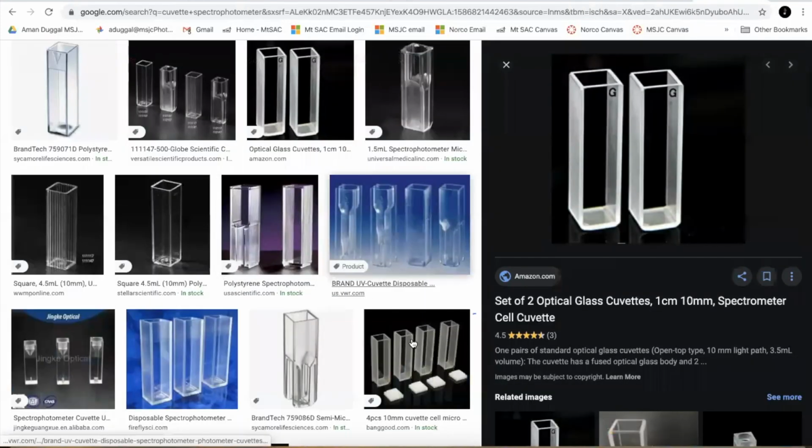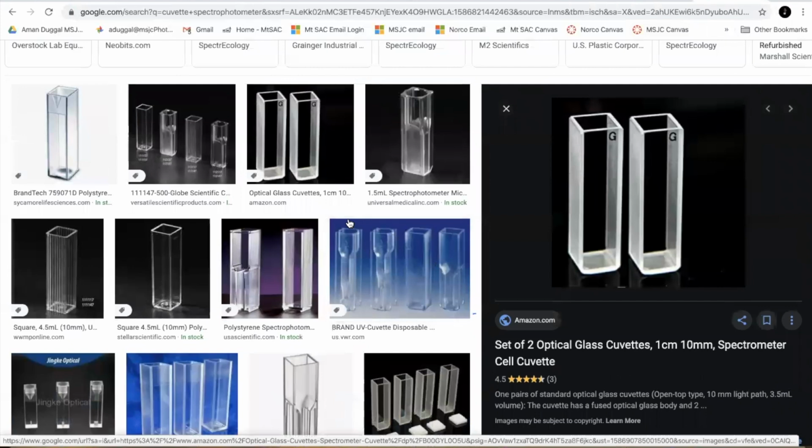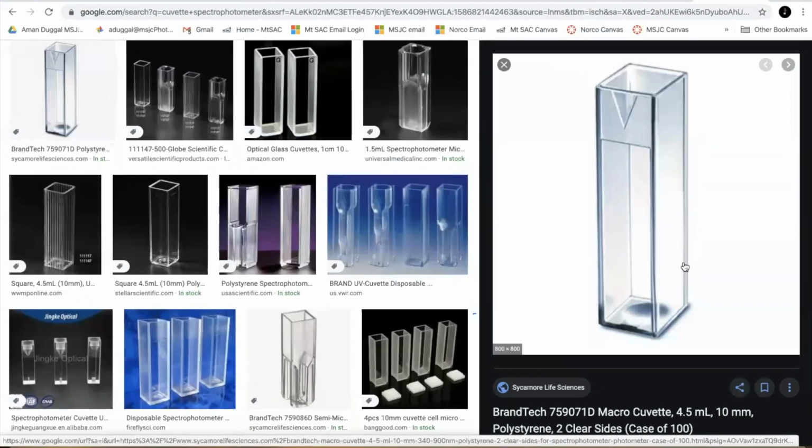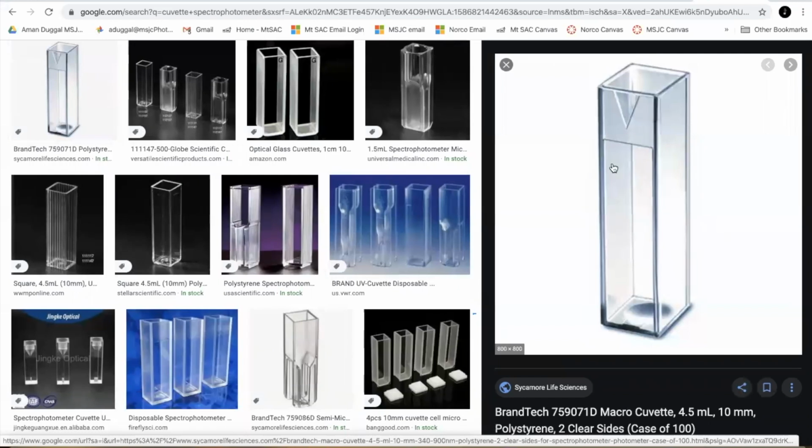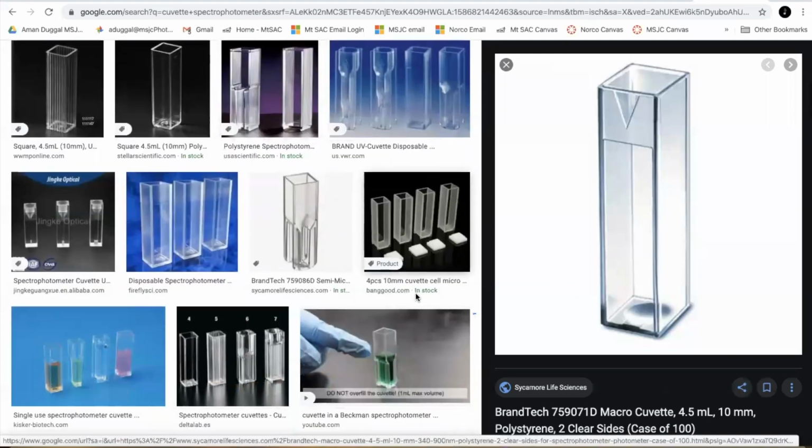So first of all, let me find a nice clear picture. Yeah, here, let's look at this one. You see in this image, one of the sides is blurred, whereas the other side is more clear. So like one side is grainy, the other one is clear.